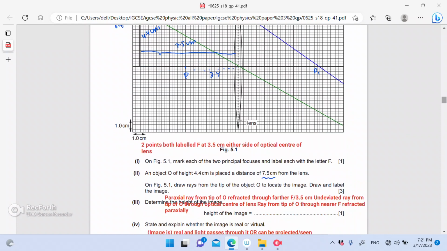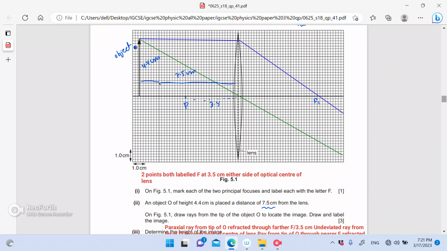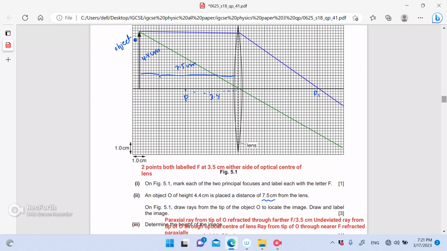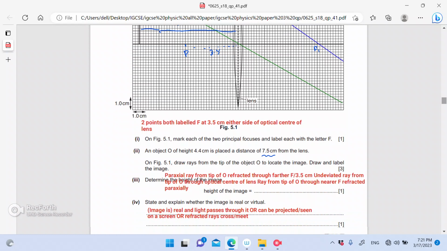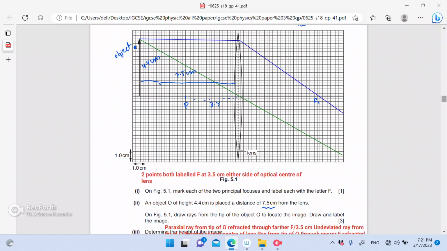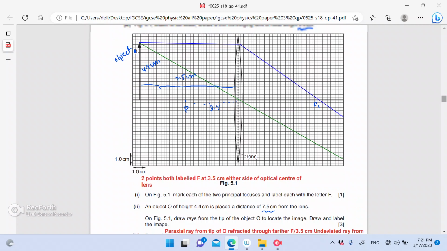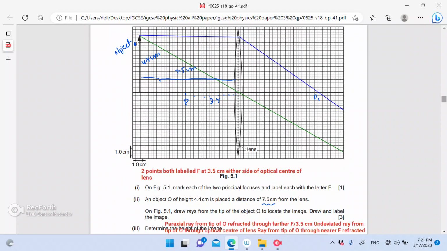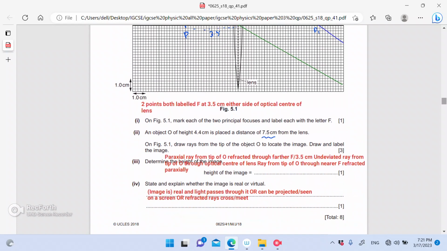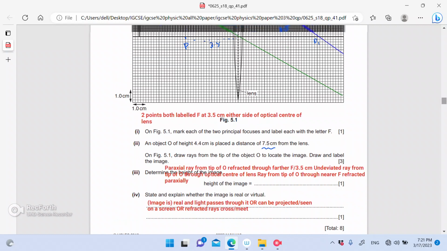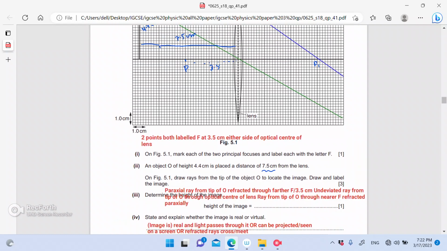So one ray will go straight and bend, and the other will go straight, it will not bend, through the center of the lens. So by seeing the image, you must know which diagram this is.